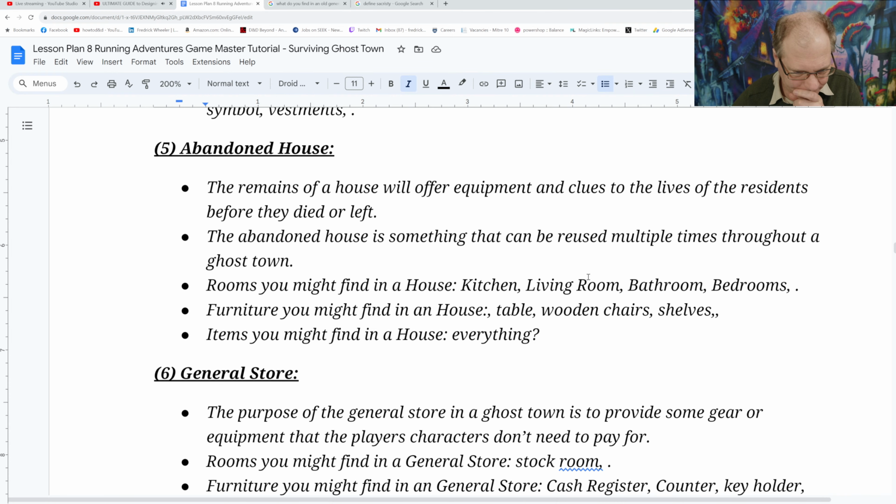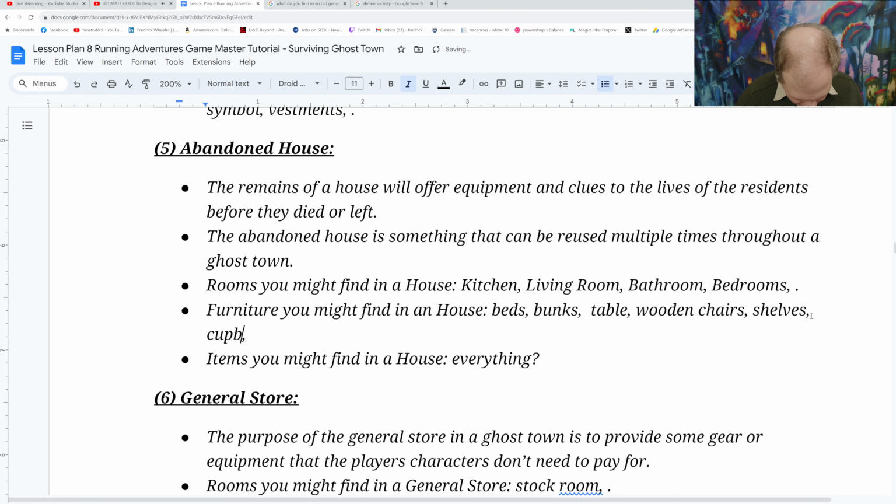Okay, so bed. Beds. Bunks, maybe. Wooden tables, shelves, cupboards.